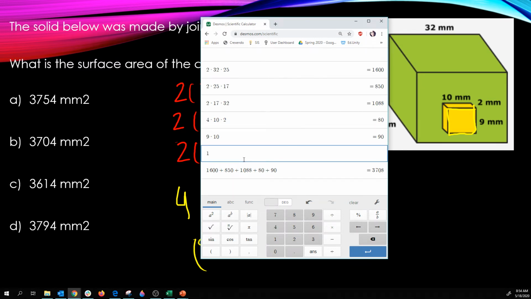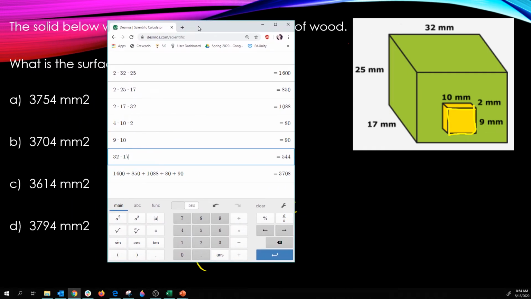So what was it, 32 times 17? No, actually it's 32 times 25, because this 25 would move up here and this 32 would move up here. So now I then need to subtract that 800. 4 times 2 times 10, 9 times 10.